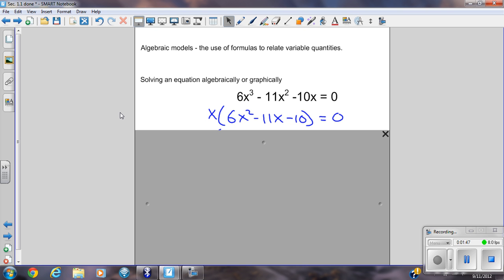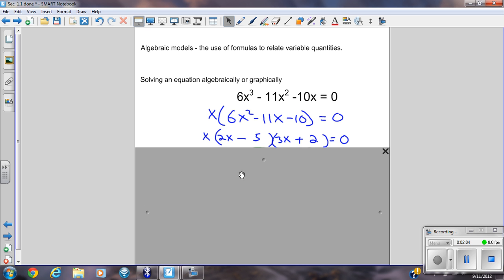When I do that, what I'm left with is x(6x^2 - 11x - 10) = 0. Inside the parentheses is a quadratic, which again we can factor to get (2x - 5)(3x + 2).